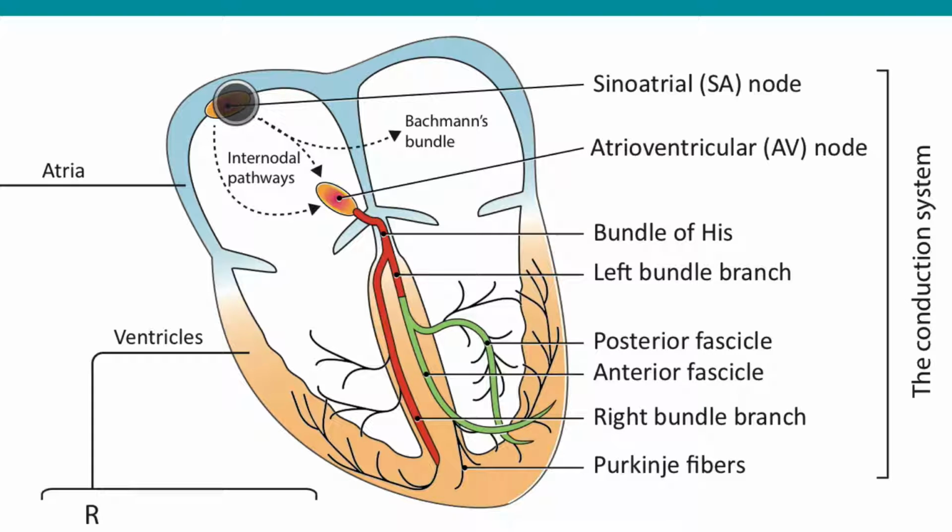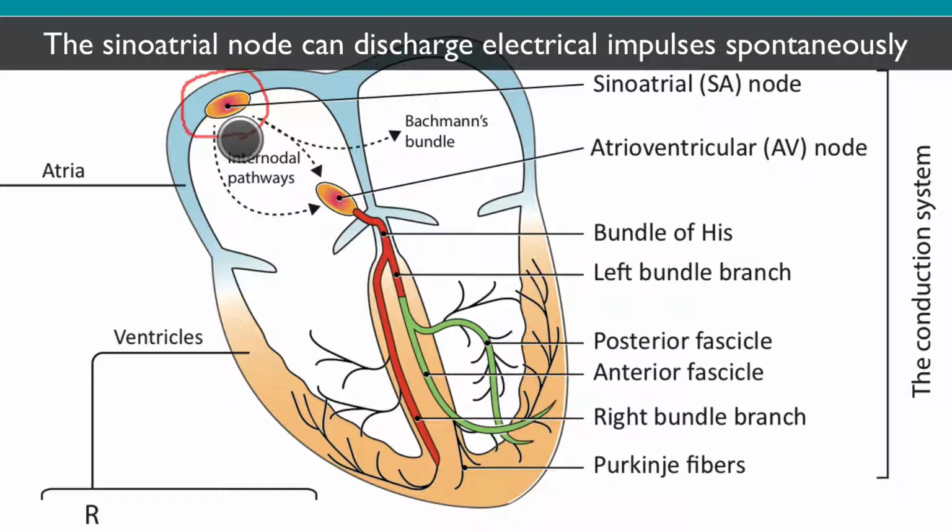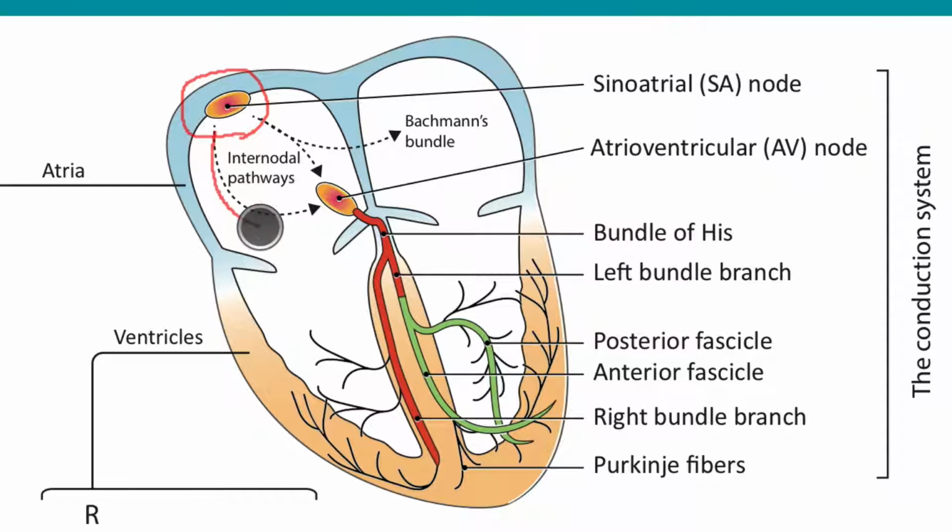And this is explained by the fact that the cells in the sinoatrial node are capable of spontaneously and repeatedly discharging action potentials. And every action potential is an electrical impulse, which will spread through the heart in the direction shown by these arrows.